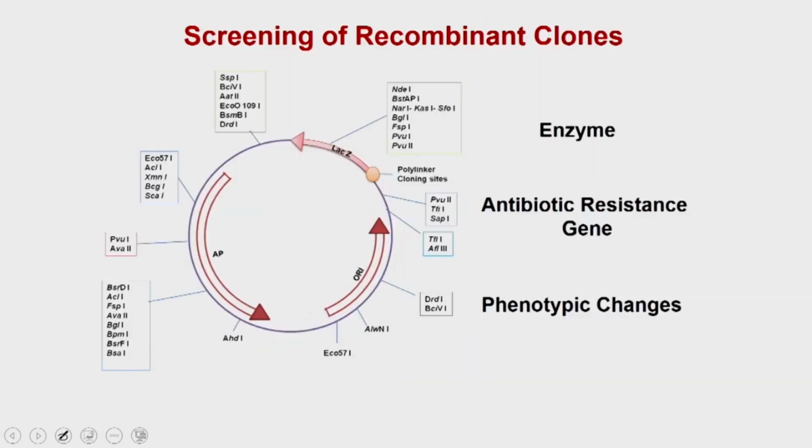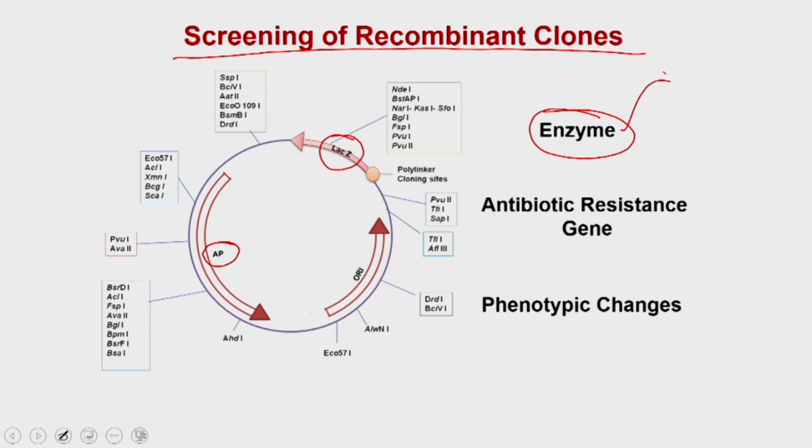Now, if you see a typical plasmid, this is pUC19, you have an ampicillin resistance gene, you have an enzyme called LacZ. If you take any plasmid where you have produced the recombinant DNA, you are going to have an enzyme which you can exploit for two purposes.